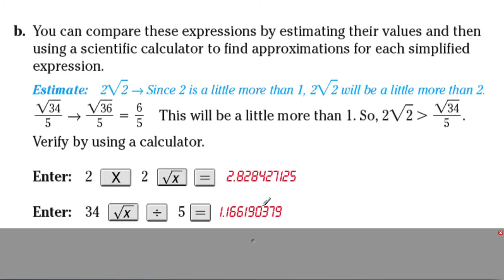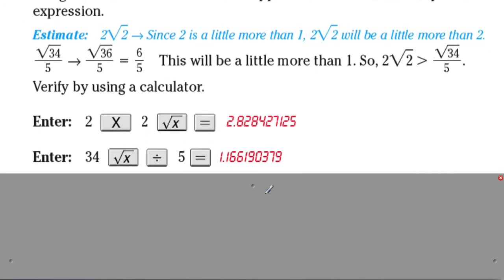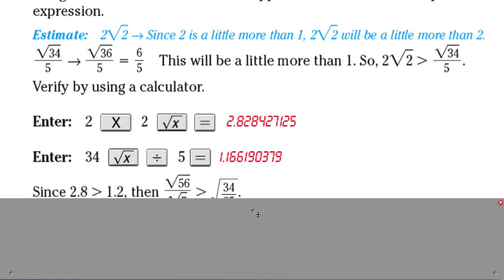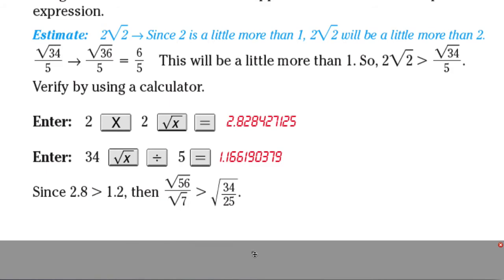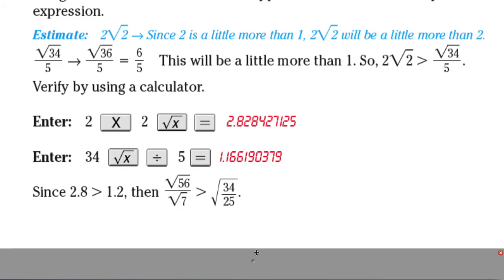Okay, let's move on because there's going to be a lot more on this. Since 2.8 is greater than 1.2, we know that radical 56 over radical 7 is greater than radical 34 over radical 25. Okay, so that's the end of that example.